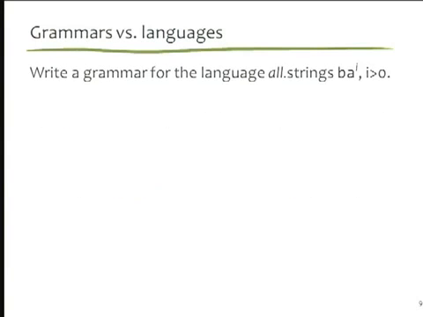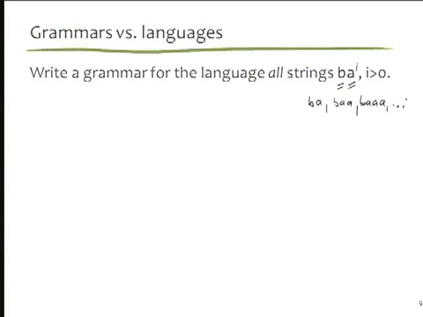So grammars and languages. I want you to tell me a grammar for this language of 1 B followed by one or more A's. So this is a language that contains this string and then that one and that one and so on. Write down a grammar and tell me. I want to see whether we end up with just one grammar.